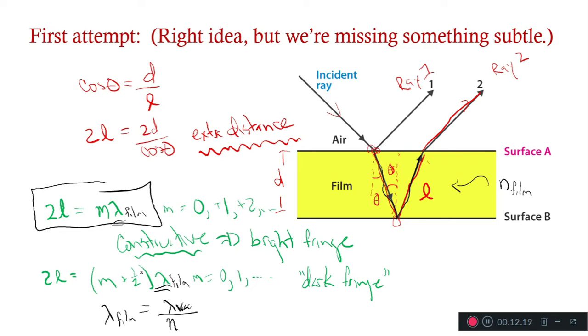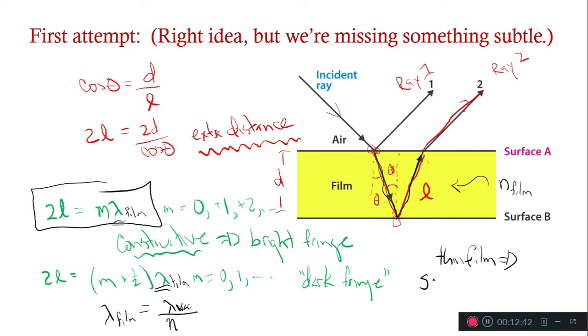Okay. So what's also true is that for the most part, we ignore the cosine theta thing, using the small angle approximation, which is a great approximation if this film is super, super thin.